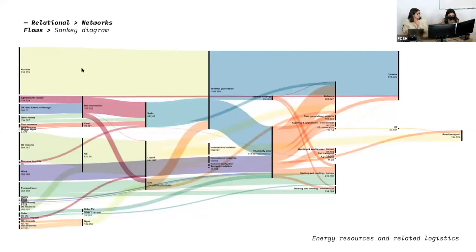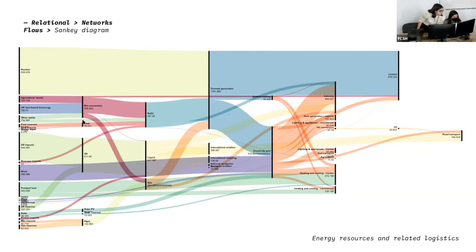Instead, in the Sankey diagram, the nuclear value can distribute and reach itself in a thermal generation, while this one reaches the bioconversions together with the UK land-based bioenergy.